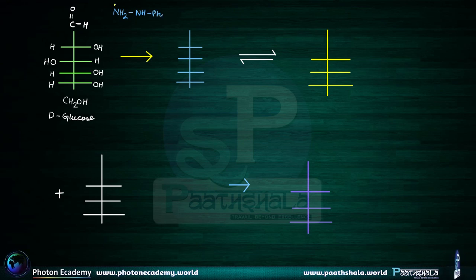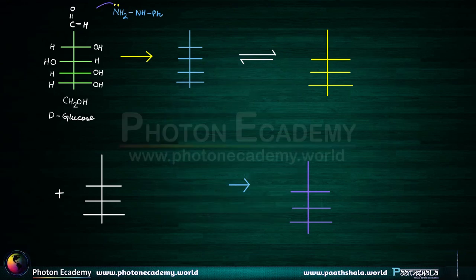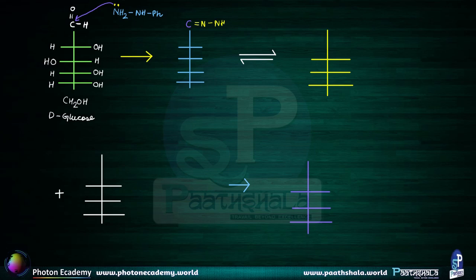Nitrogen has a lone pair of electrons, and this lone pair will attack our carbonyl carbon. We are going to get a C double bond N, NH and a phenyl group, and a hydrogen.